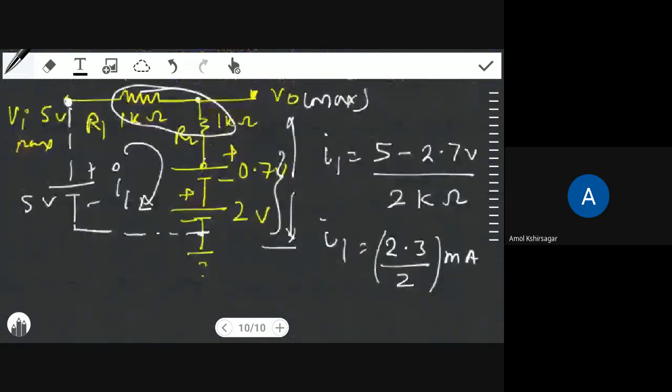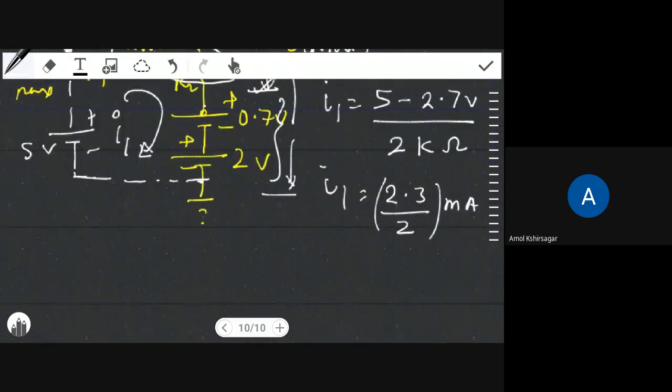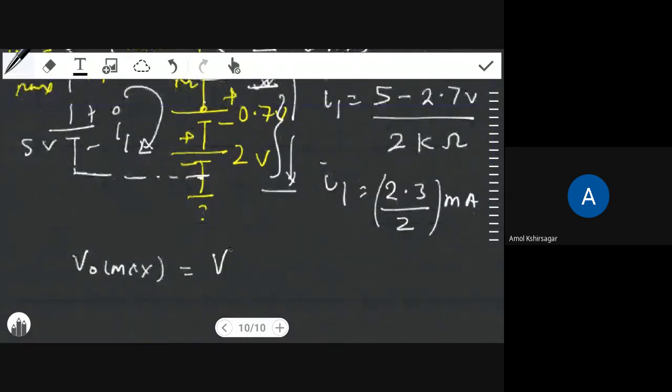Now once the current is known, this current is flowing through this R2 in the circuit and we are having a battery. So if we are able to calculate the voltage across this R2, we can calculate V0. So V0 max is equal to the voltage across R2 plus 0.7 plus 2 volt.